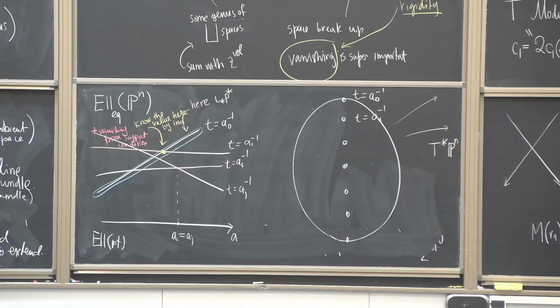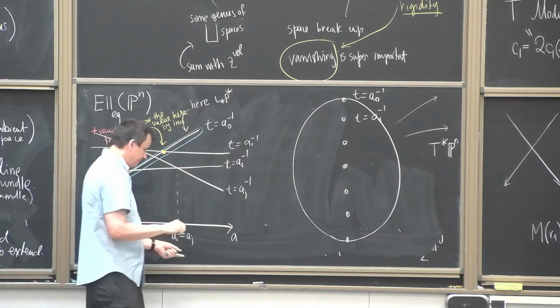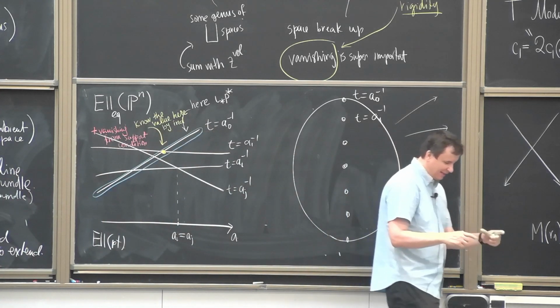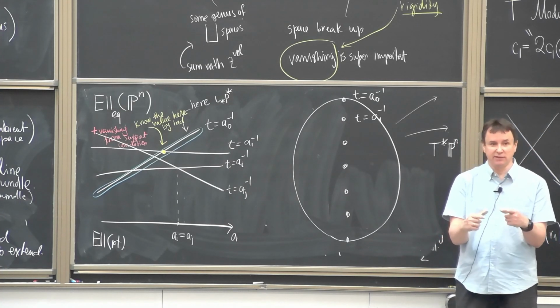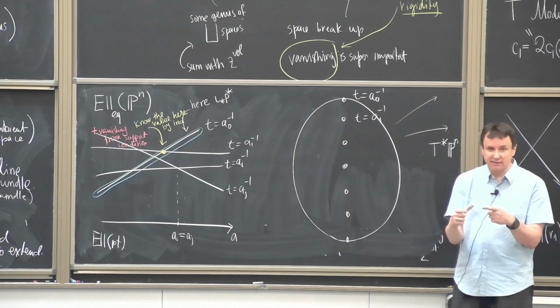So if you know enough about a section of a line bundle on the abelian variety, you reconstruct it uniquely.